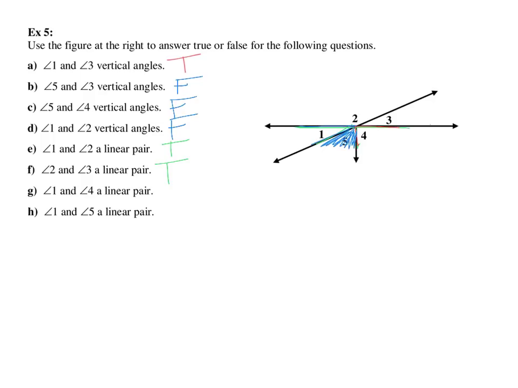A lot of students confuse this particular problem. So that's false. And 1 and 5 are a linear pair. Now they don't form a line together, so that's false.